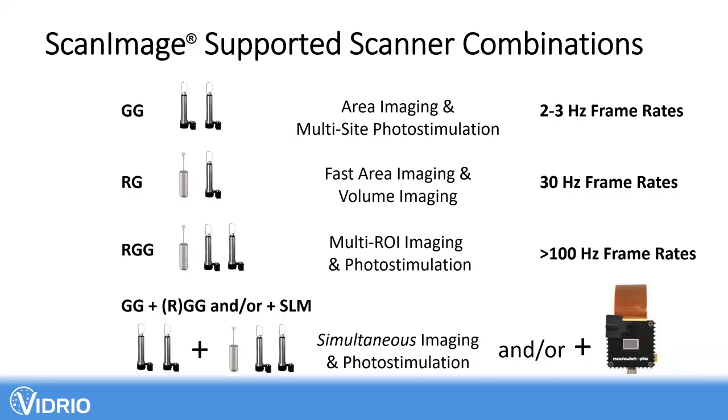People have demonstrated over 100 hertz frame rates with this by looking at little postage stamp areas rather than the whole field of view. And then, in the most complicated systems, you can have dual scan paths or more, with photostim on one, imaging on another, and add SLMs and that kind of thing. So ScanImage is very flexible and supports all of these types of things.